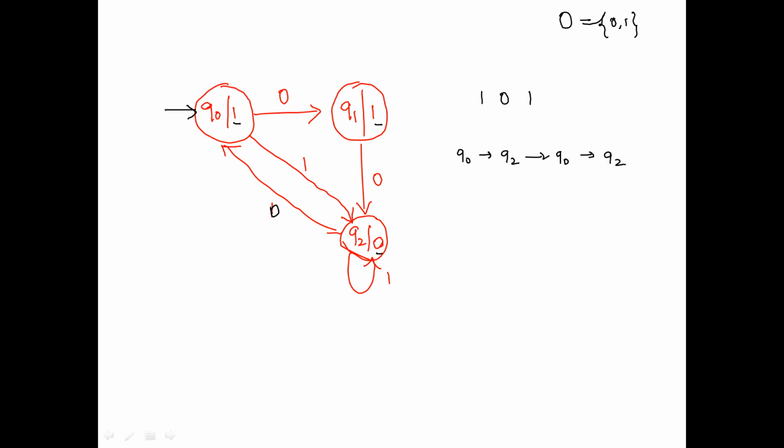For this input string, the output string that is emitted is obtained by writing the corresponding output symbol for every state. For Q0 the output symbol is 1, for Q2 the output symbol is 0, for Q0 again it is 1, and for Q2 the output symbol is 0. So it's 1 0 1 0. For the input 1 0 1, the output that we've got is 1 0 1 0.